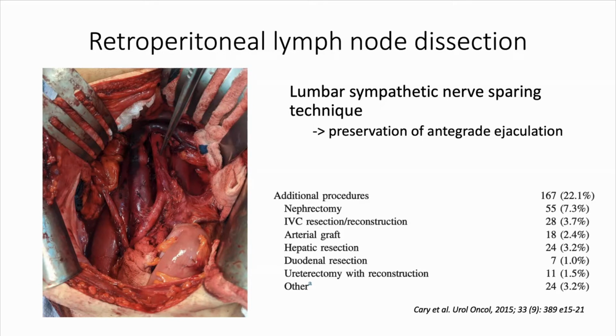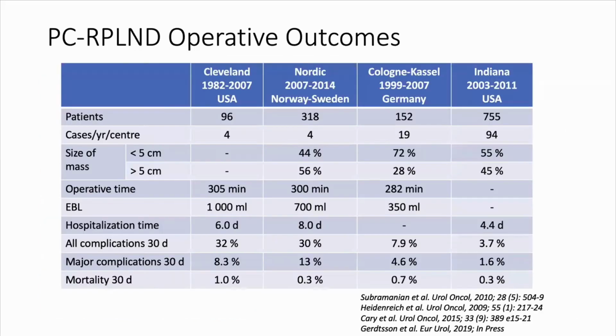In the literature, RPLNDs include additional procedures in approximately 20% of cases, of which nephrectomy is the most common one. Here we see a table of results from 4 of the most significant modern post-chemo RPLND series in the literature. There is one cohort from Cleveland, USA, another from Scandinavia, the third from Germany, and the fourth from Indiana, USA.